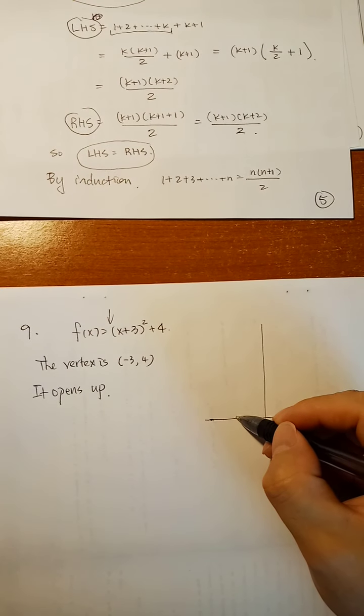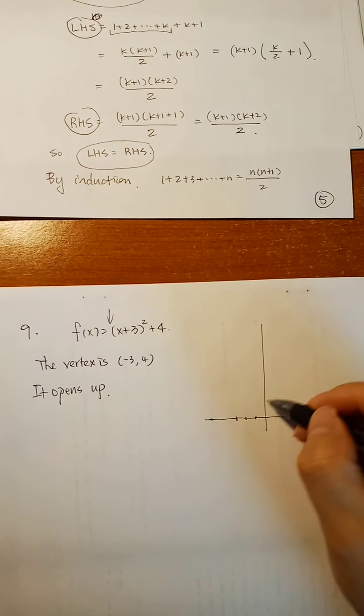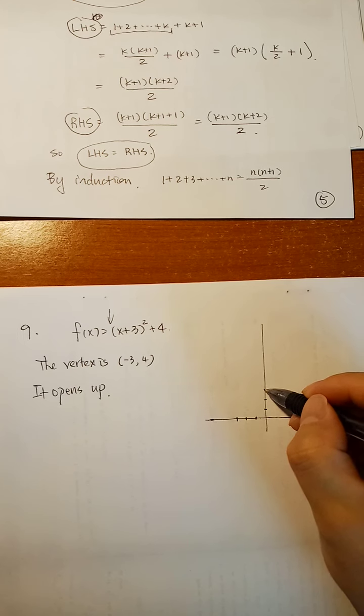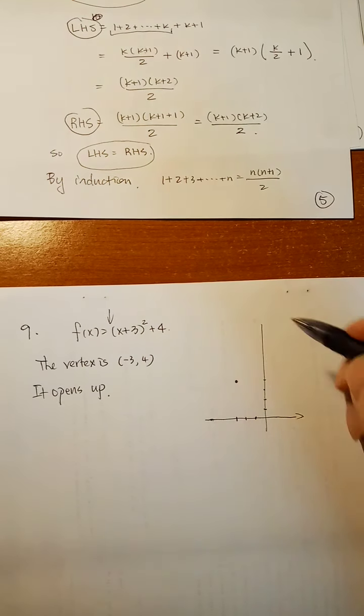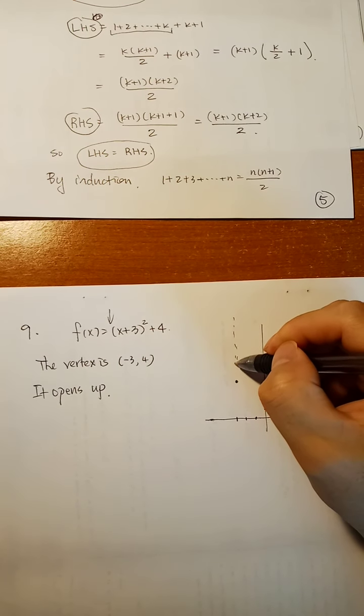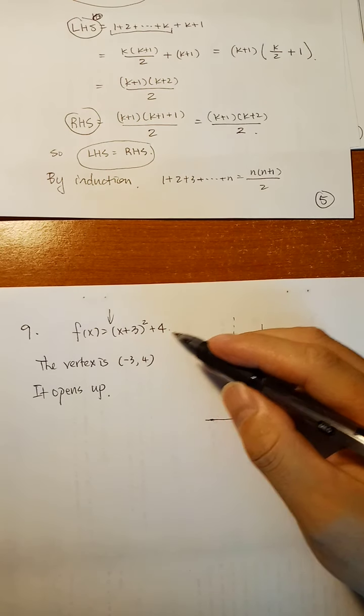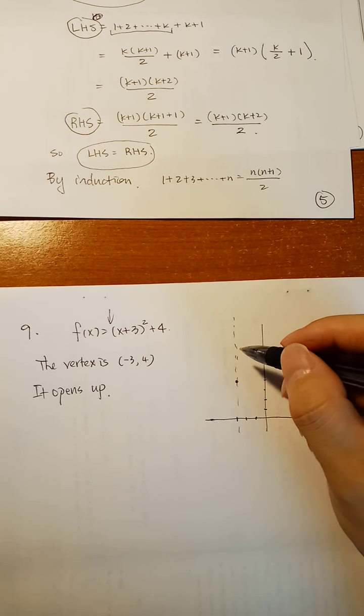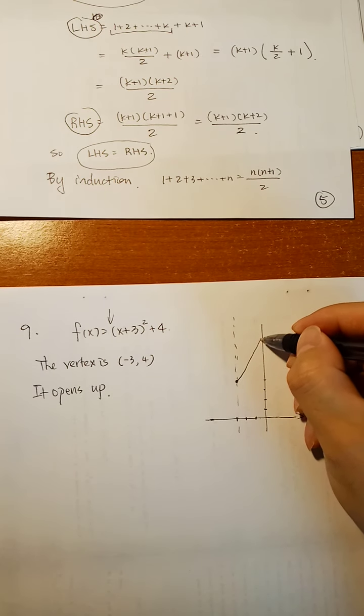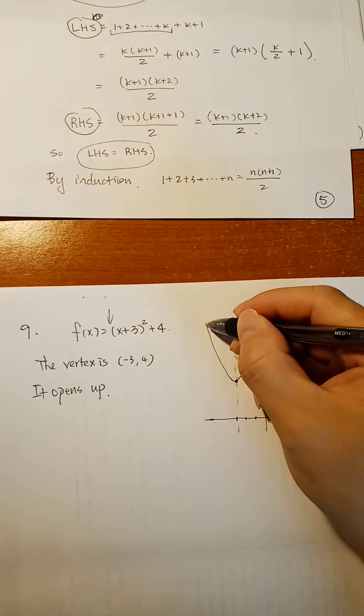Okay, so let's first get -3 and 4. And this is the symmetric axis. It opens up. Okay, so it looks like this.